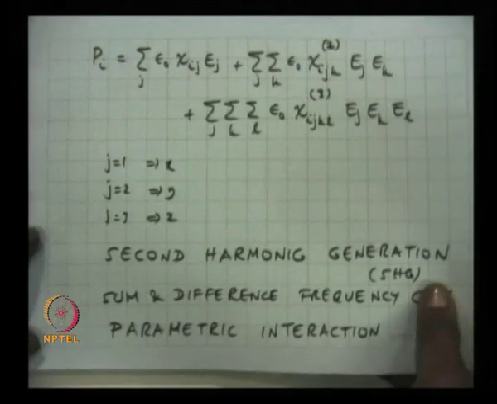Suppose I launch 1 milliwatt of red light, how many nanowatts or microwatts of power of the second harmonic will I generate? How do I maximize this conversion process, and what is the efficiency of this process? This is what we will address in the next class, and in the beginning I will have a brief discussion of this tensor which is sitting here. It is a 27 element tensor.